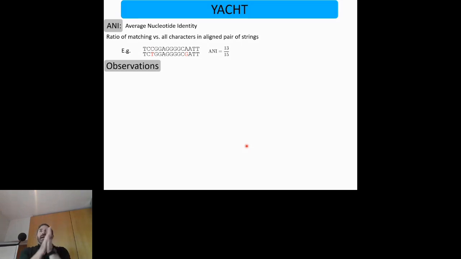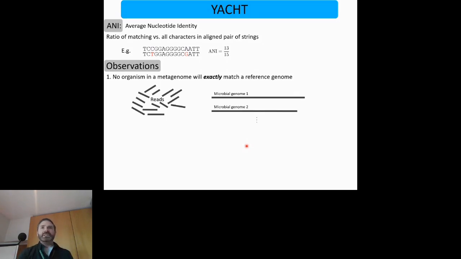Okay. So before talking about actual YACHT, a couple of observations that were made in the previous talk as well. So thank you for doing some of the prep work. No organism in your reference database is going to exactly match something in your sample. Because of strain variation, you are basically never going to find an exact match of something in your reference database. And so the problem that I set out to talk about in the very beginning, the presence absence, is actually ill-defined.